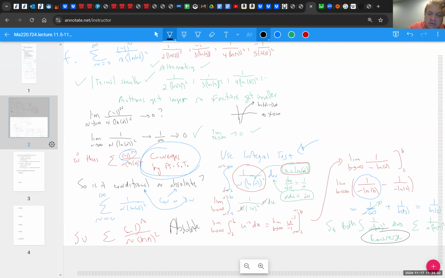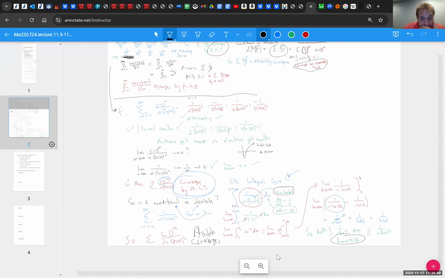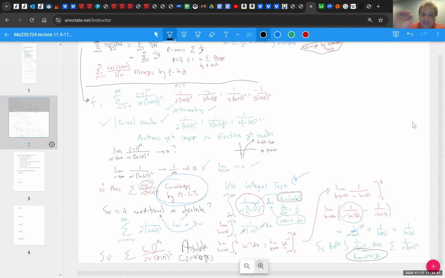Absolutely converges, because when we took away the negative signs, it still converged. All right, so I squeezed that in there. Hopefully you can follow what I just said, and I will zoom out a little bit so you can see the steps here for part F. Part F was a series that was alternating and it was determined to be absolutely convergent.